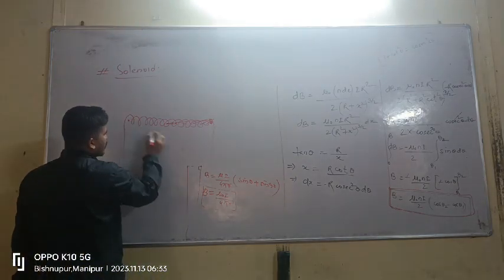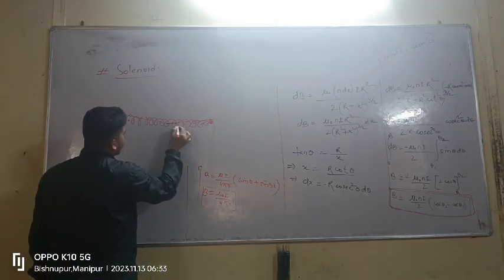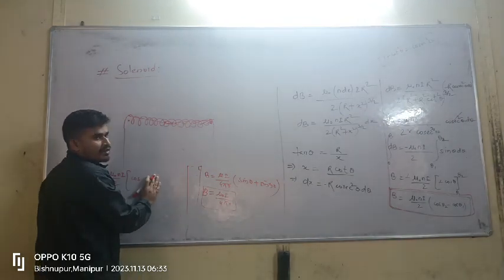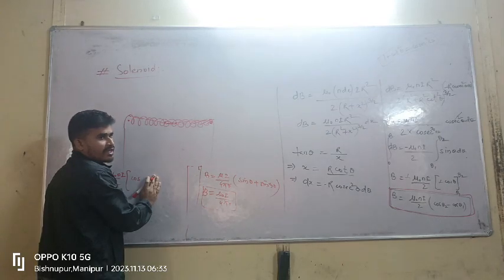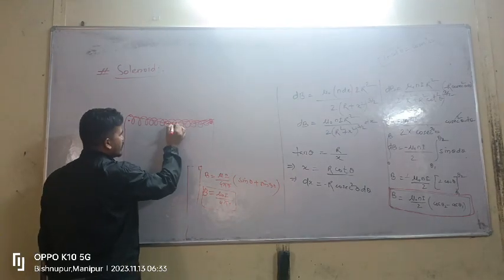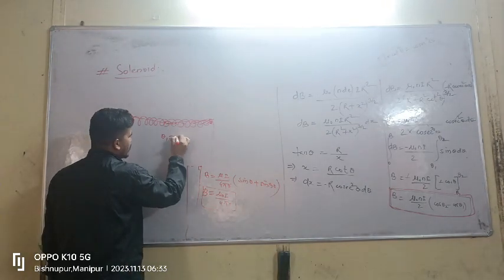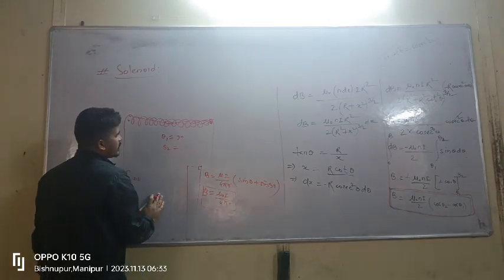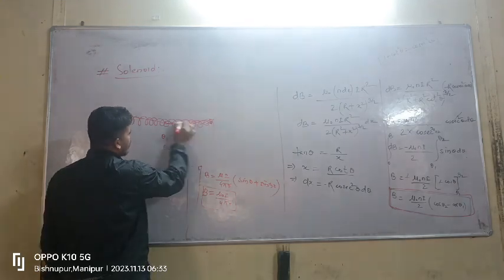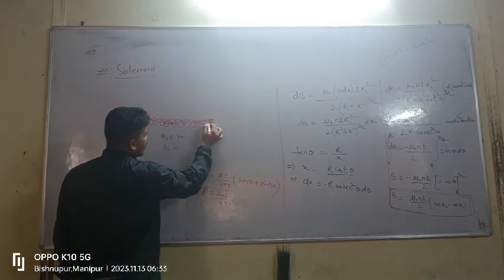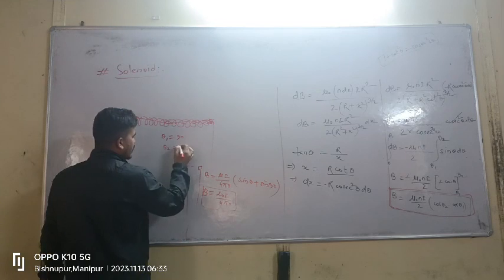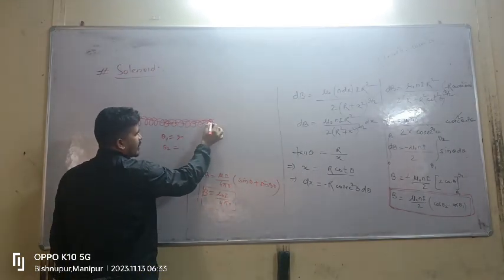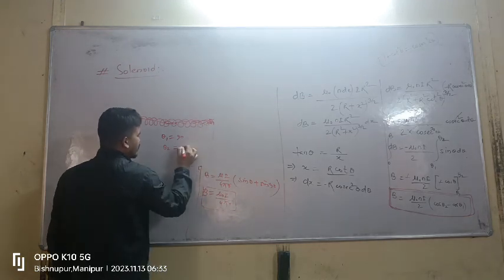What about theta 2 here? It is approximately 180 degrees. Theta 1 is 90 and theta 2 is approximately 180 degrees. The point is here, not there.